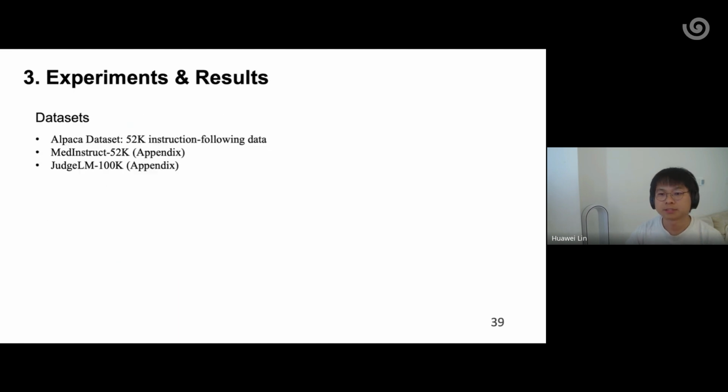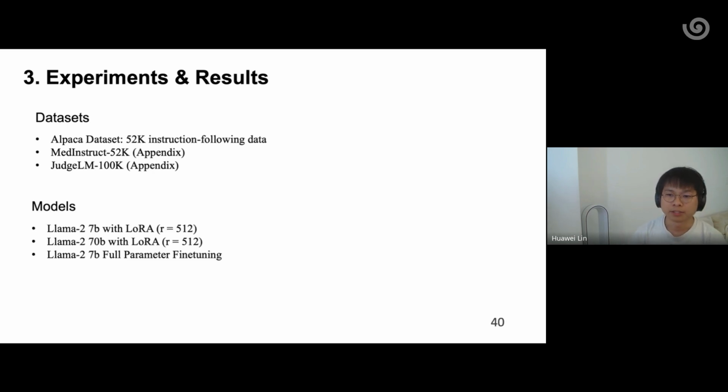Now we are going to talk about our experiments and results. In this experiment, we mainly evaluate our method on the Alpaca 52K dataset, and we also report two additional datasets in the paper, so you can check it out to learn more.